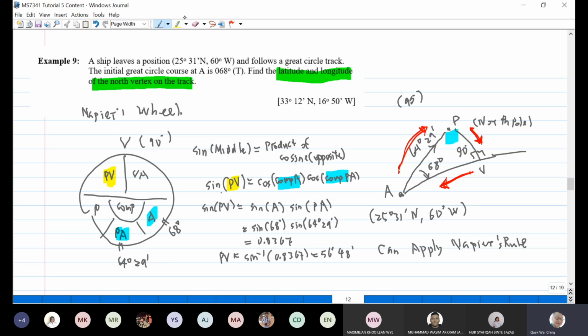Now you get 68 degrees, which is smaller than 90 degrees, so we expect this PV to be less than 64 degrees 29 minutes. Therefore, you know that this is a reasonable answer, 56 degrees 48 minutes. This is the only answer.